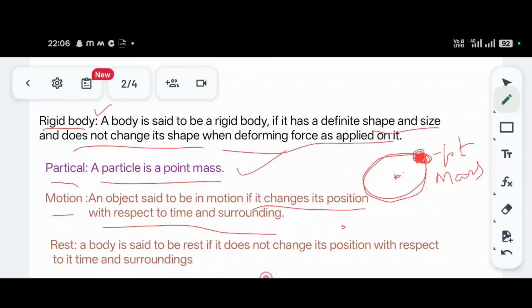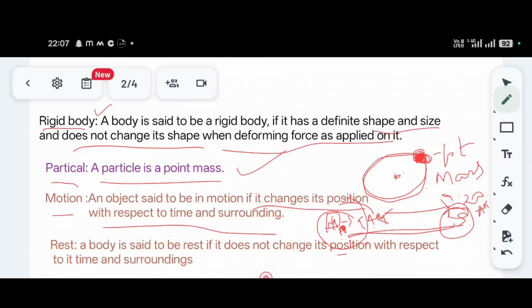For example, you leave your home at 9 a.m. and come to your college or school at 9:15 or 9:20 a.m. So the position of yourself has changed, your body is moving from one point to another point, and the surrounding has changed from your house to the school, and the time also has changed. 20 minutes you take to move from your home to your school. That's why it is called motion.